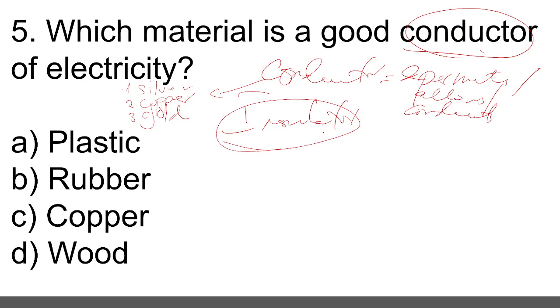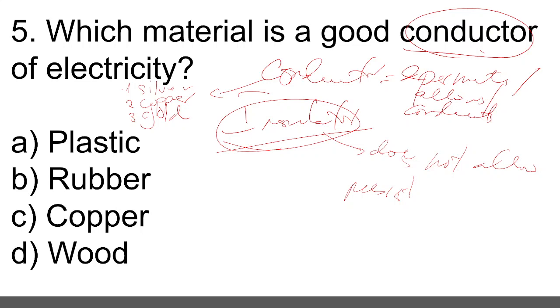Now, an insulator is the opposite: it does not allow, it resists, it does not permit, it does not conduct. We use insulators to cover uninsulated portions of wires, such as plastics and electrical tape. Those are examples of insulators.